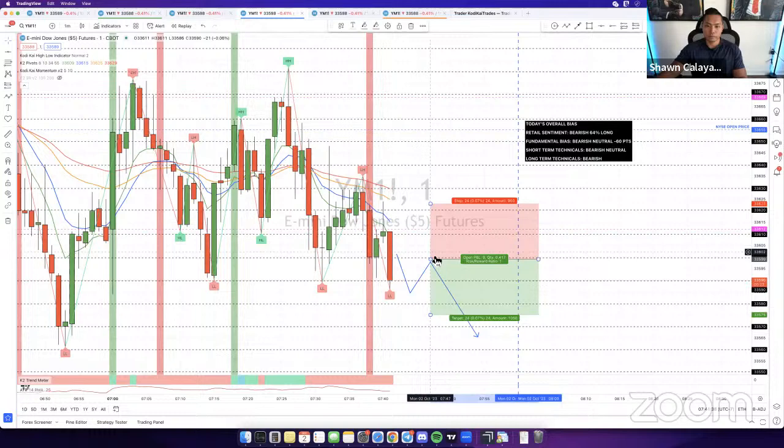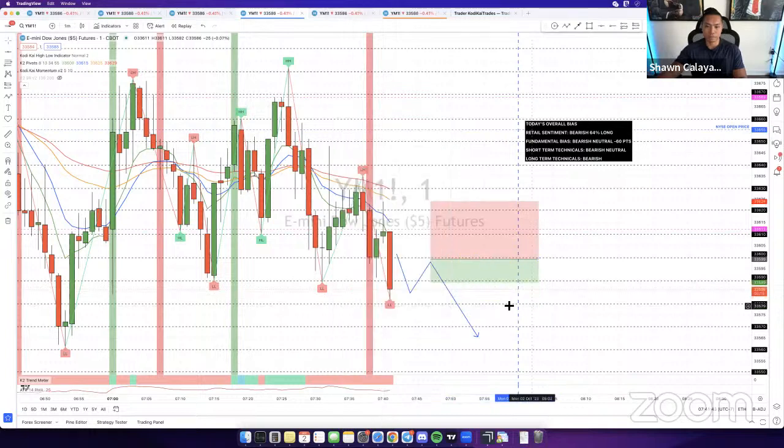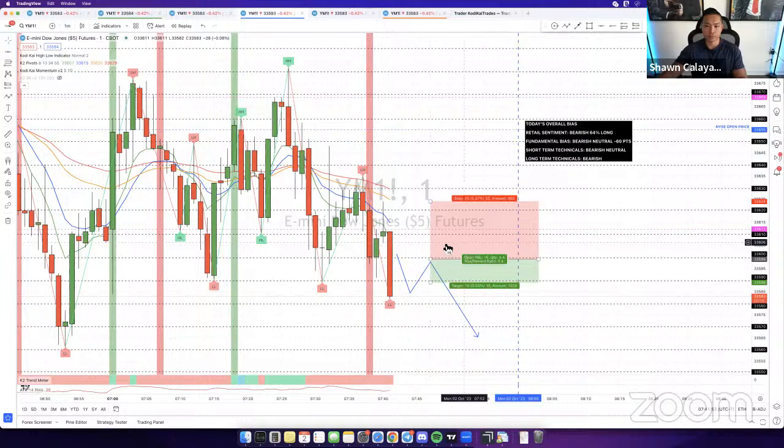The highest level I'll take would be this level right here. I keep saying lowest level, but we're looking for a sell here. So I'm looking for the entry right here, if I can get it.